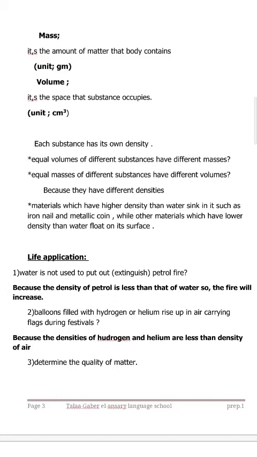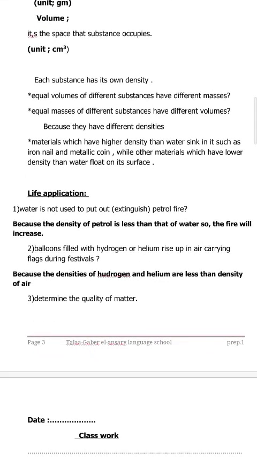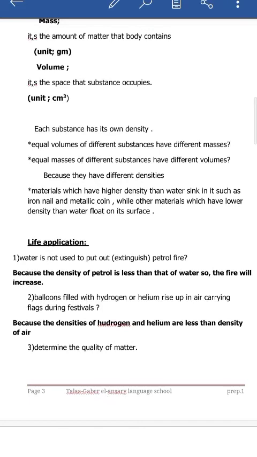The life application of density, it's used in our life. Such as, number one, what is the meaning of density? It's a mass per unit volume.